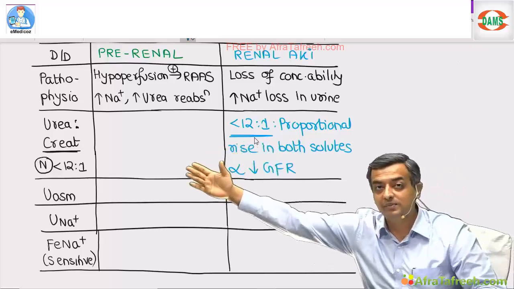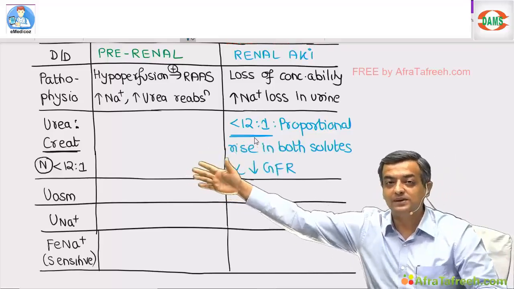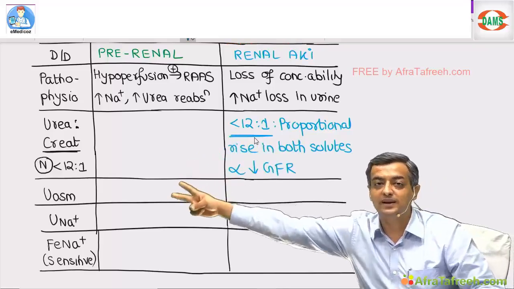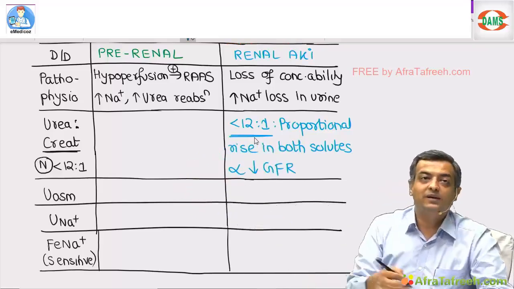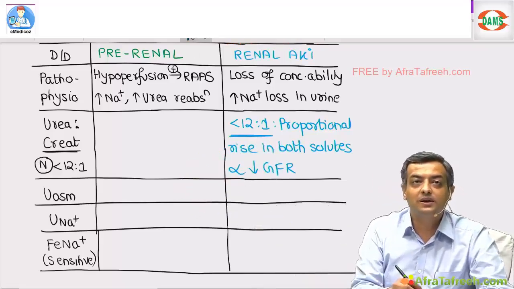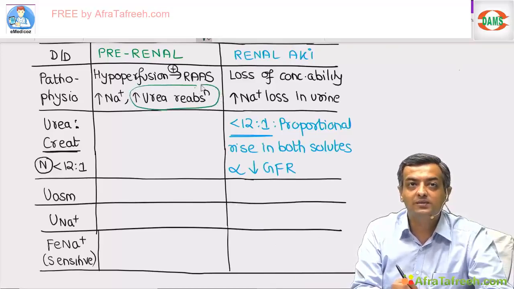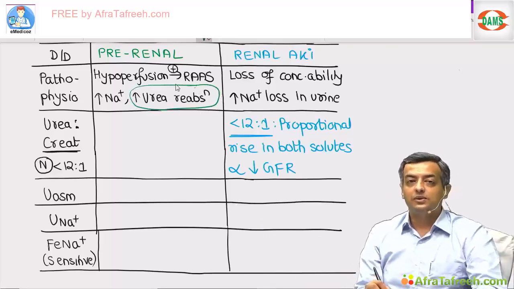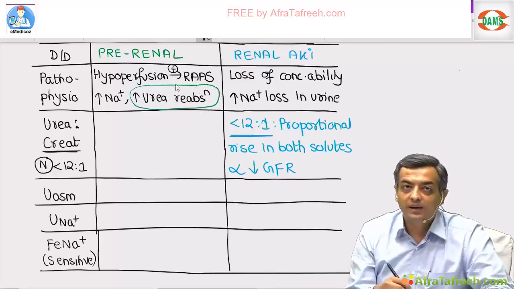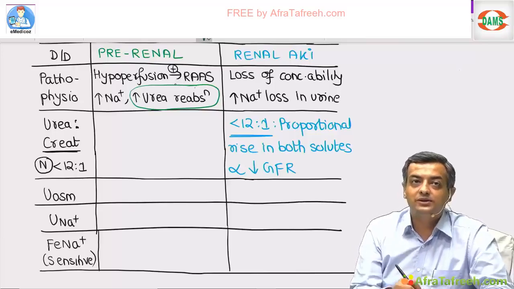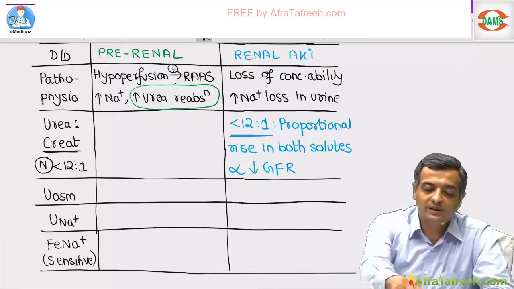But what happens in pre-renal? Same principle, 20% तो दोनों बढ़ गए. But along with the 20% increase of the solute, there is an increase of urea by another mechanism also. So excretion is hampered and reabsorption is increased. So the ratio को क्या हो जाता है?